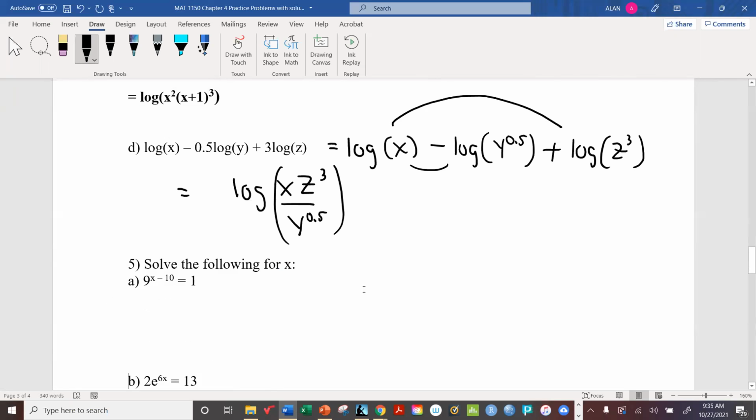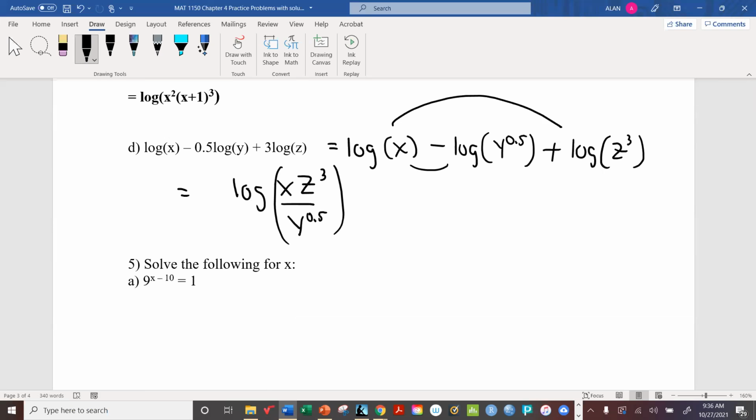All right, now we're going to have some interesting cases here. What do we do about this one? 9 to the x minus 10 power equals 1. Now, whenever the variable x shows up in the exponent, the first thing you want to think is, can I use logs to simplify this? And the answer is yes.